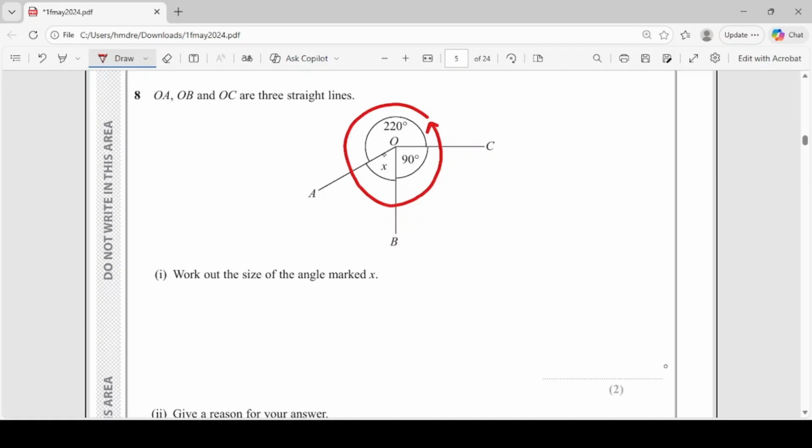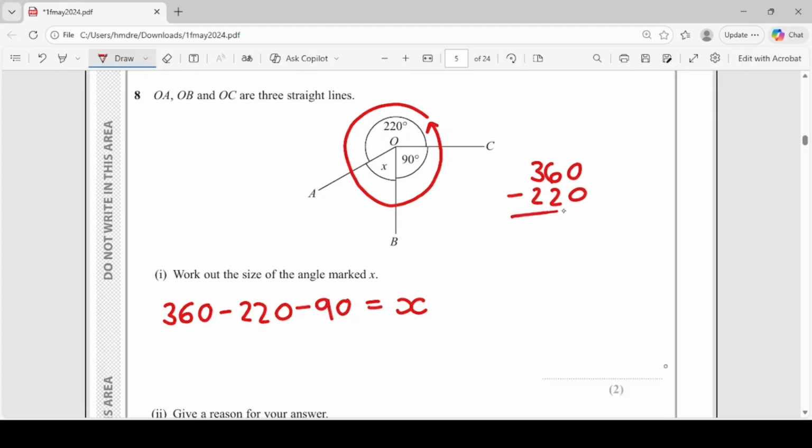So X is the only one that's missing, so we can just say 360, take away the 220, take away 90, will give me my missing X. So if we work this out, 360, take away the 220, 0 take away 0 is 0, 6 take away 2 is 4, 3 take away 2 is 1.